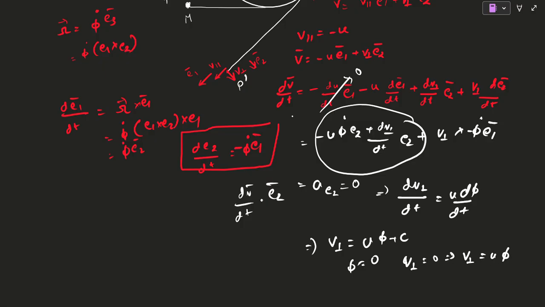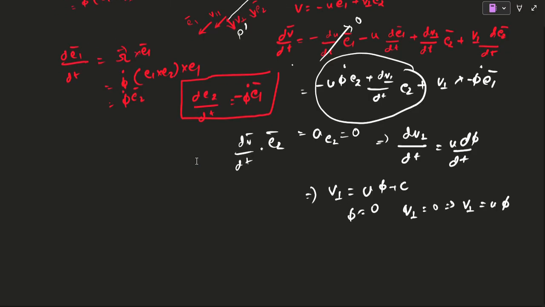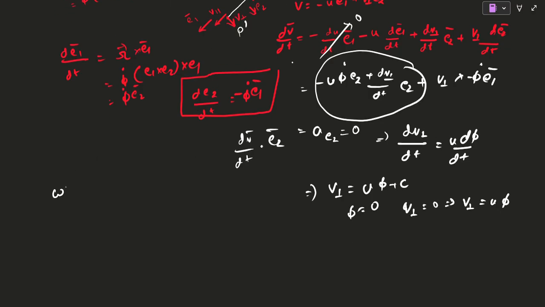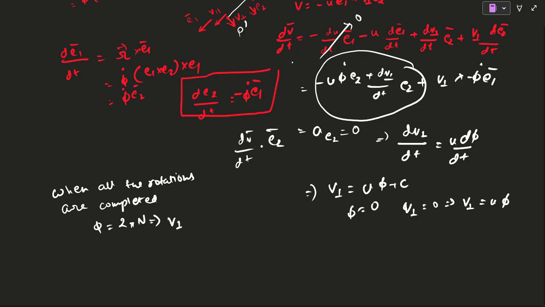Now what happens is that when all the rotations are completed, you get phi to be 2 pi capital N. Hence v perpendicular will come out to be 2 pi capital N into u.